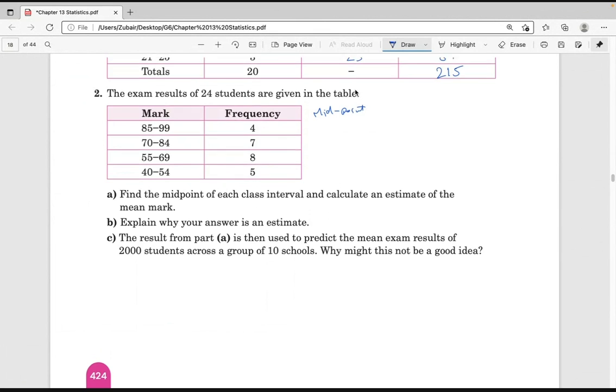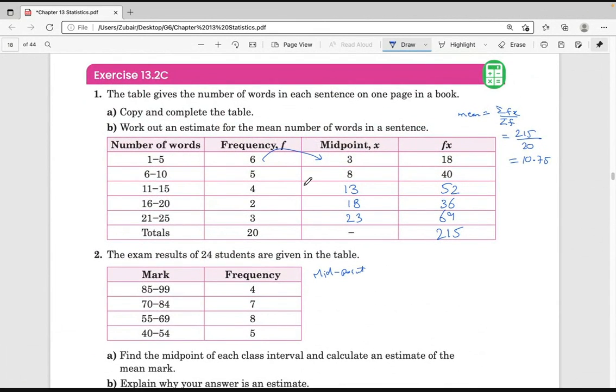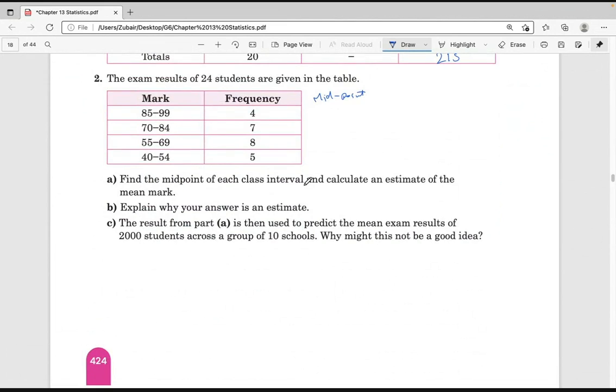Either you write it exactly this way or we do it the other way. I'll write it in the other way so you have the experience of that as well. So mean is going to be middle number. I'm looking at the first one, which is 85 and 99.